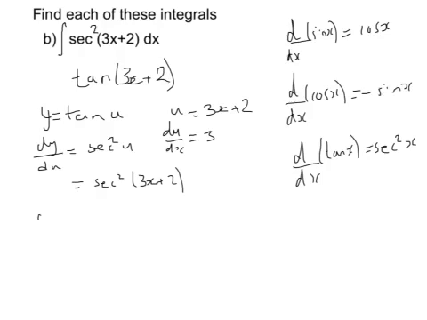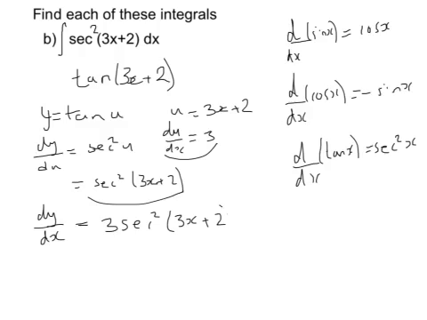So you'd have that dy by dx is the product of this and this, which is 3 sec squared of 3x plus 2, which isn't quite what I want. I want just sec squared of 3x plus 2, so I'd have to divide it all by 3. So I know that the integral of this is going to be a third of this plus c.